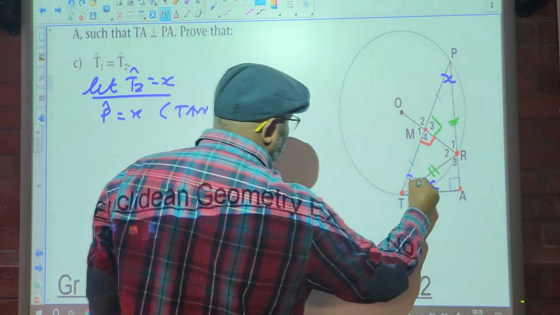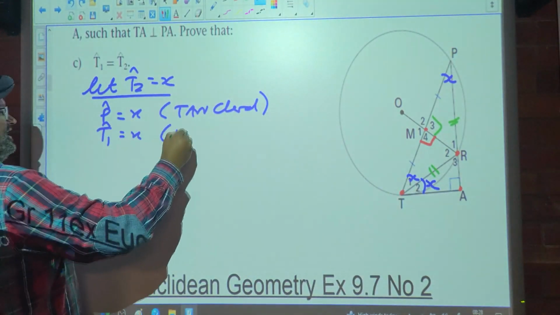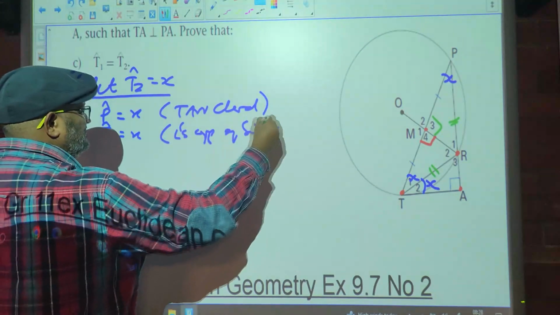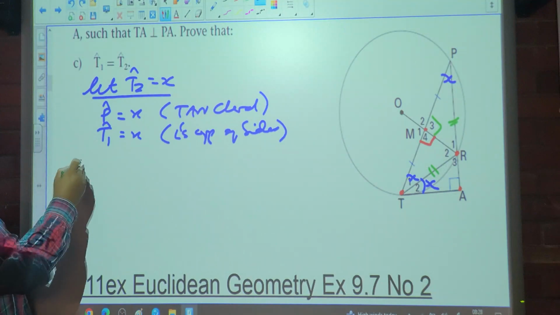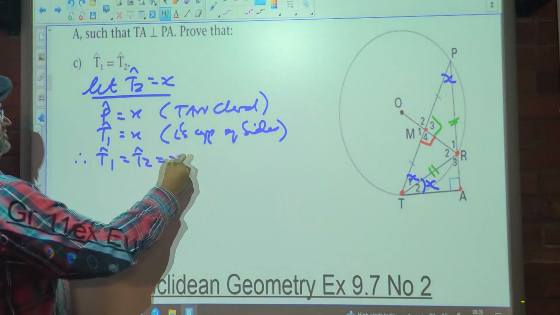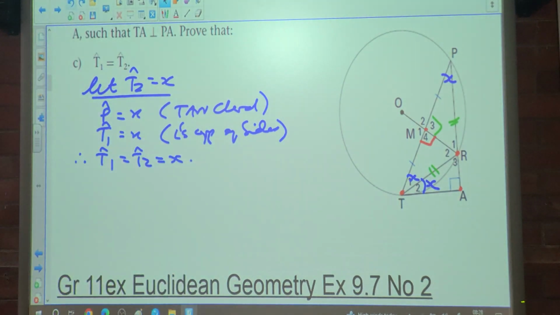And then T1 is equal to X, as angles opposite equal sides. And therefore, T1 is equal to T2, which is equal to X. Okay. Any confusion? It's fairly simple. No?